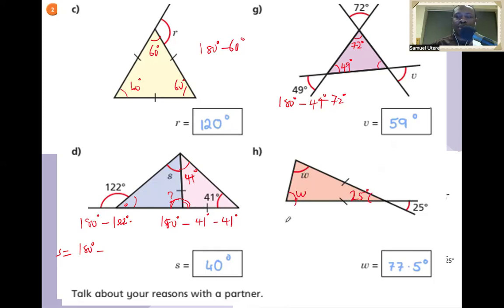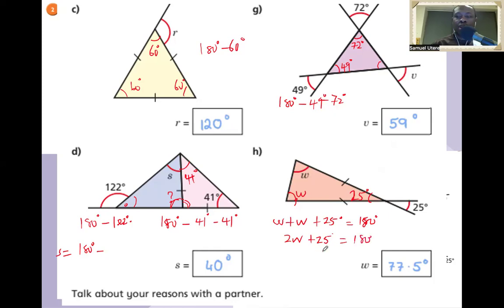So our equation will be 2W add 25 degrees equal to 180 degrees.